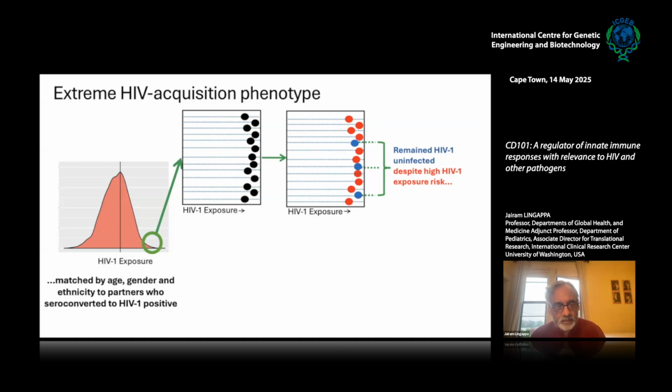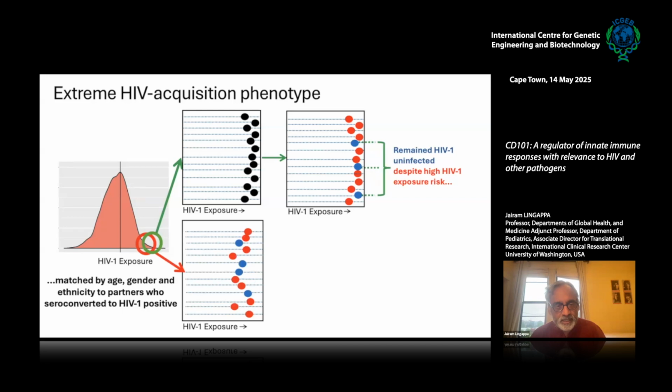And similarly, we could match by age, gender, and ethnicity to partners who did seroconvert to HIV positive. Similarly, taking the comparable group with similar levels of HIV exposure and identifying those who seroconverted at lower HIV exposure risk.